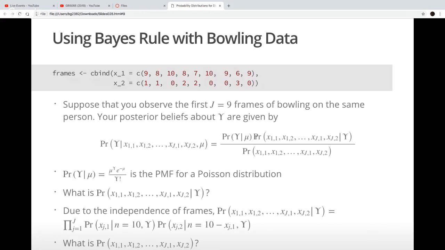Conceptually, you don't have to calculate it by hand. You've got to have 3 pieces to use Bayes' rule.